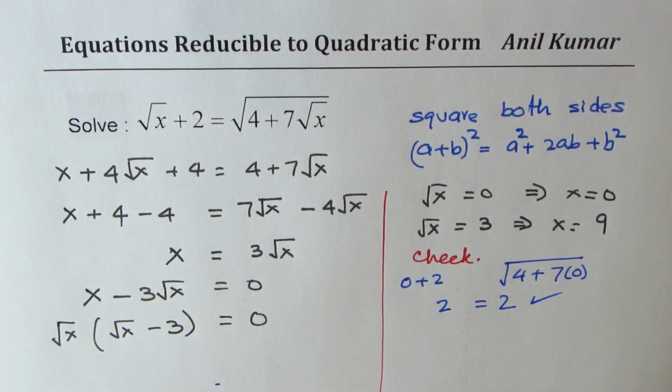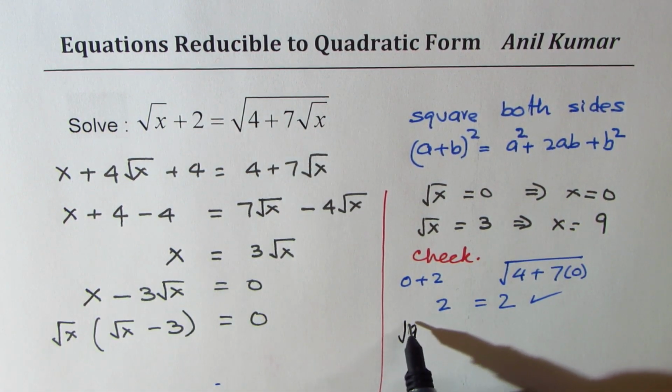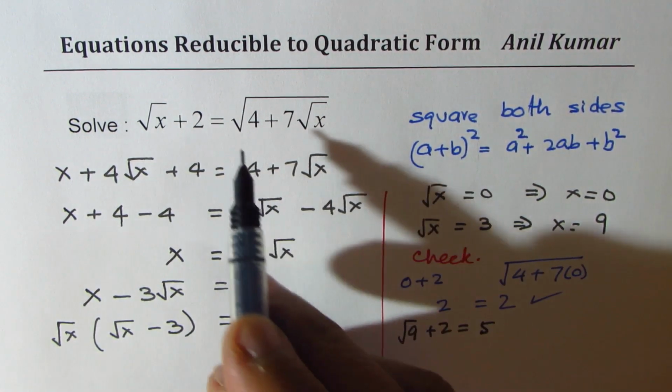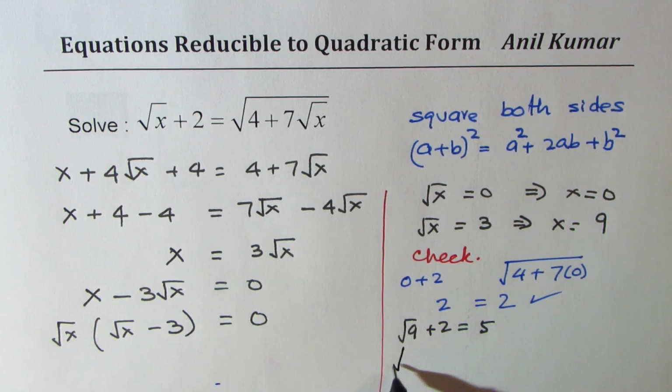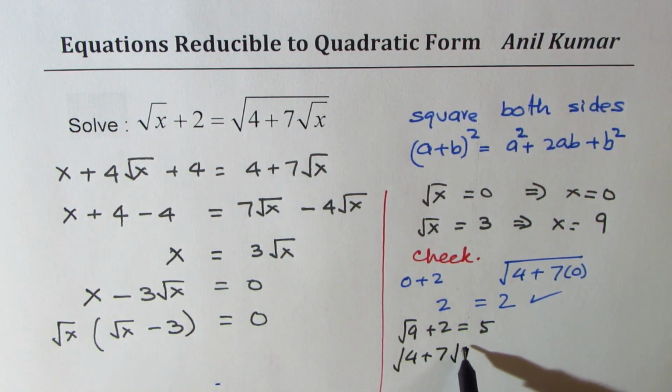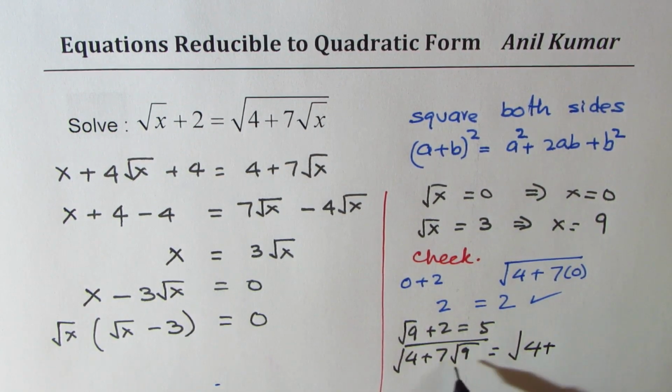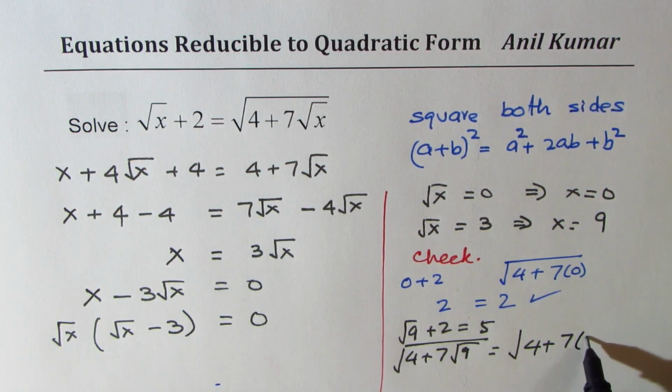So that works. You could substitute 9 now. So substituting 9, the square root of 9 plus 2 is 3 plus 2, which is 5. And here, if I substitute 9, I get the square root of 4 plus 7 times the square root of 9, which is 3.